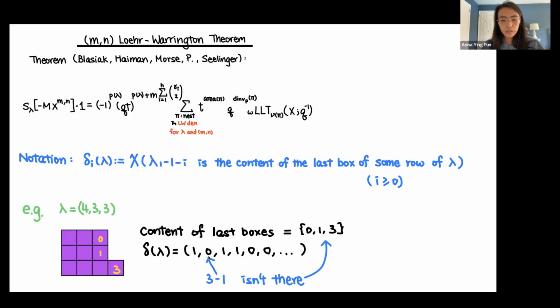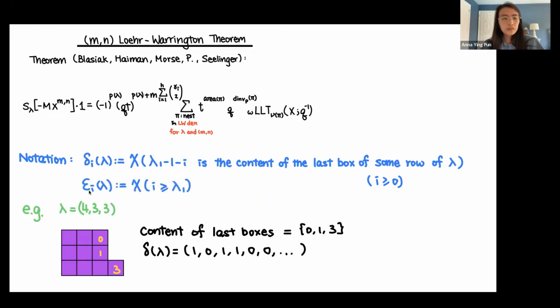That's why I have a 0. Now you should be able to find it very easily, because this gives you a 3, this gives you a 2, this gives you a 1, and 1 is here. This gives you a 0, 0 is here. And then this gives you a minus 1, minus 2, minus 3, and so on. So all these are minus signs, and there are no minus signs here. That's why all zeros. So that's how you compute this delta i.